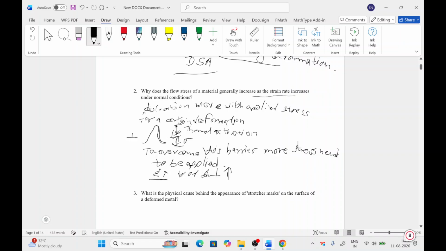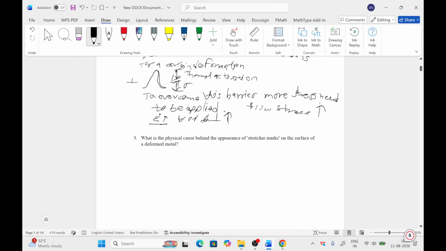So we have to apply more stress to overcome the energy barriers in the path of dislocation motion. That's why we need a higher flow stress. So the flow stress of the material in the deformation process also increases when we increase the strain rate under normal conditions.